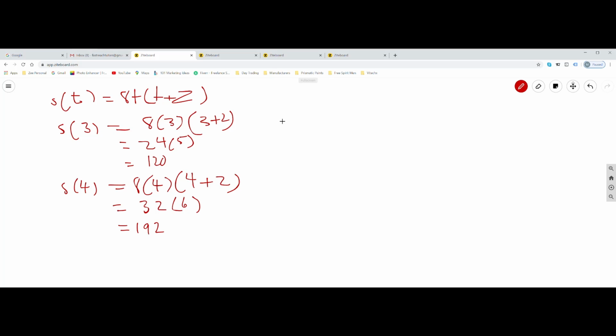So we need to find the average velocity between these 2 points. So the average velocity between these points are, let's take this as point 2.